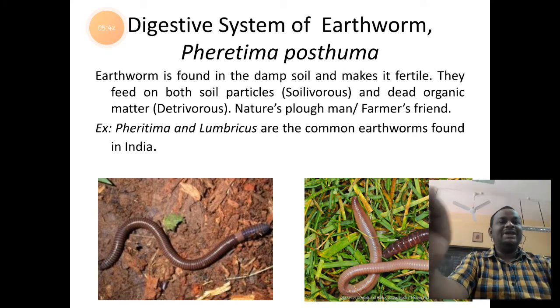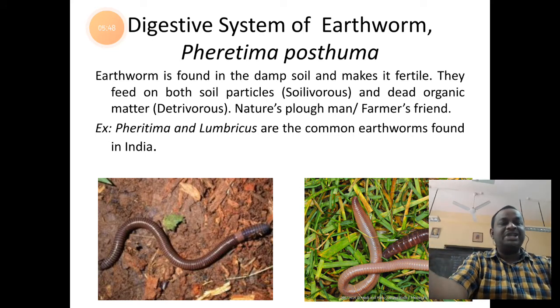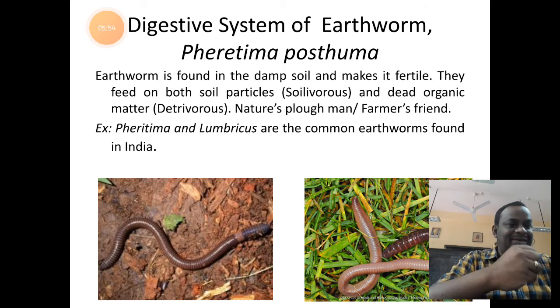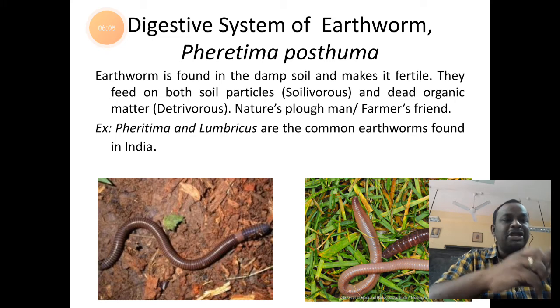Thereby, earthworms are commonly called organisms which increase the fertility of the soil. They feed on soil particles and loosen the soil. Second, they digest or grind the soil particles into a fine paste, so that the nutrients embedded within the soil particles are exposed to the plants that grow.